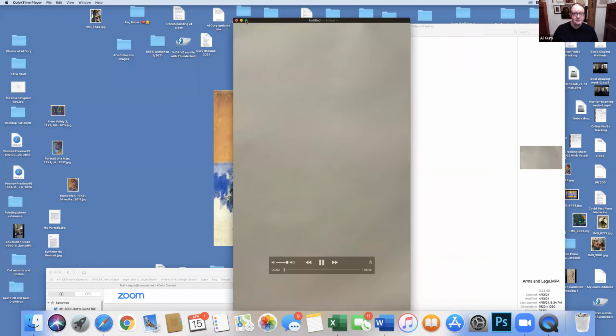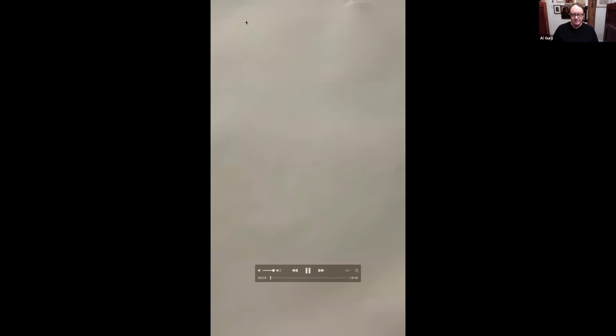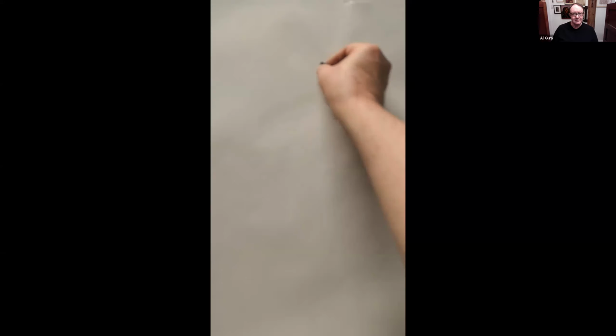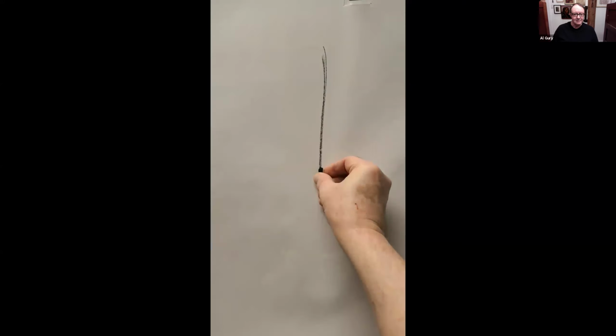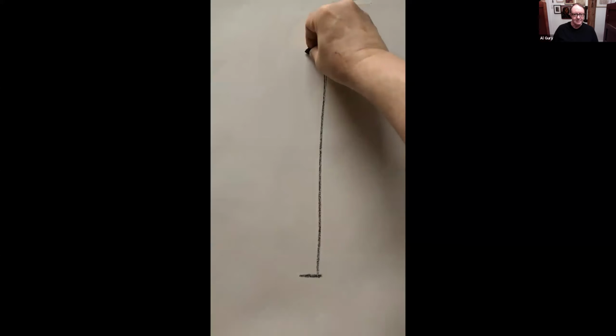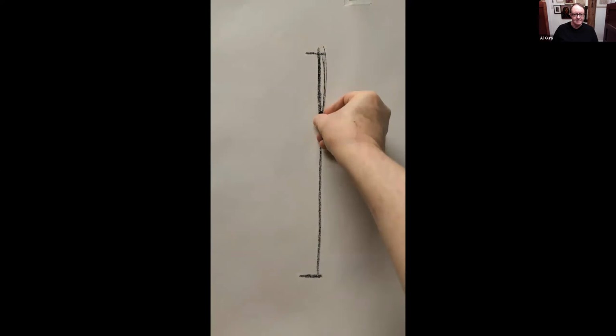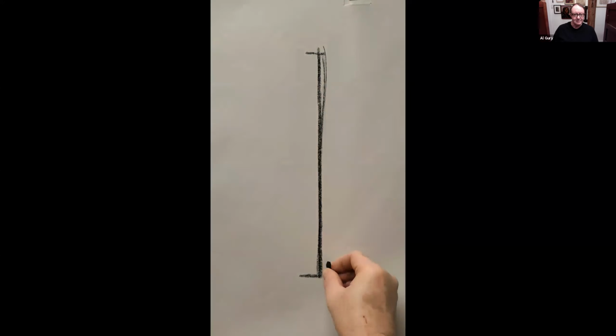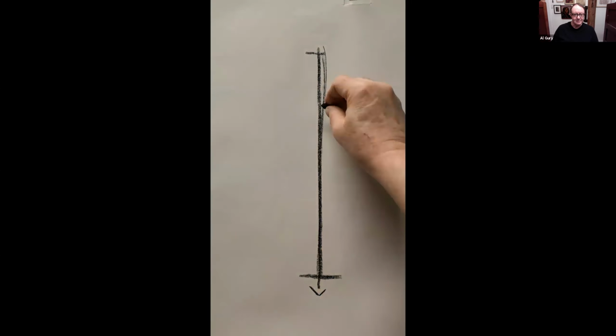Hi everyone, it's Gury. I'd like to talk today about the arms and legs in the figure and some very practical ways of drawing them. We've talked about in the past finding the plumb lines, the balances in figures. Just want to get a very straight vertical plumb through the figure.